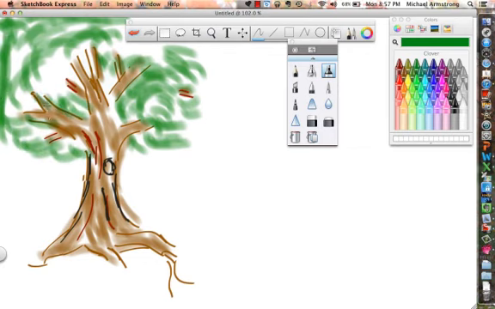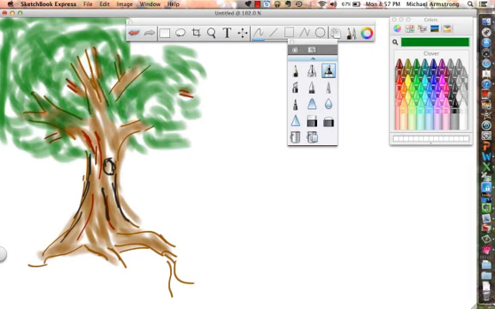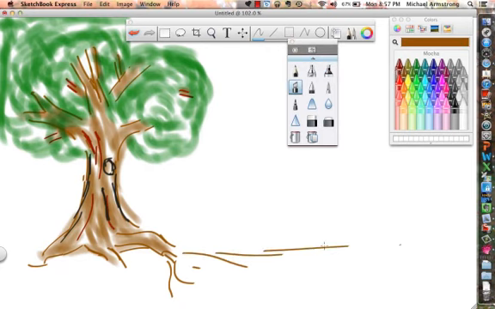Alright, and some of the branches are kind of covered up by the greens. Just more of an idea of a tree. It kind of feels like leaves. Alright, yeah, that works. And then on the ground down here, you got kind of the grounds going on, and maybe there's some little bushes growing here.